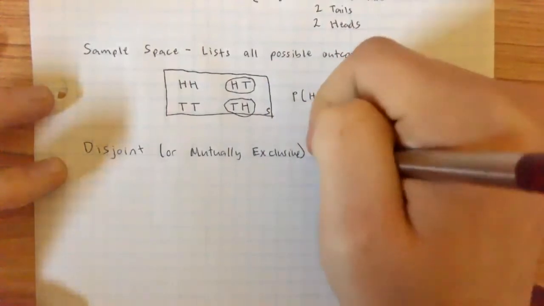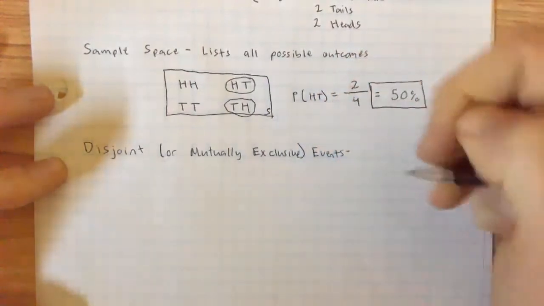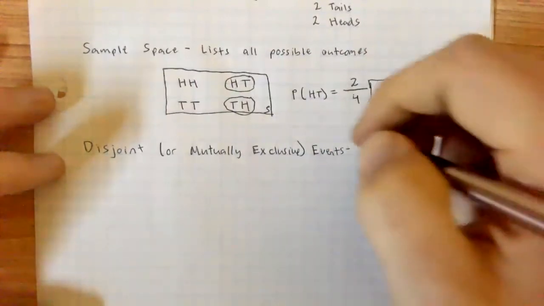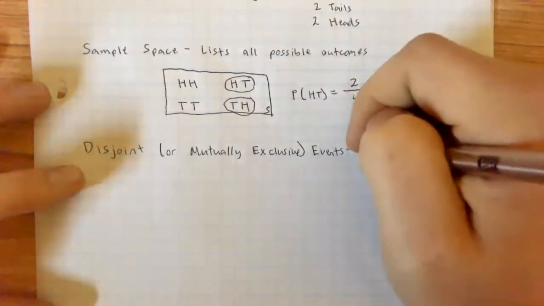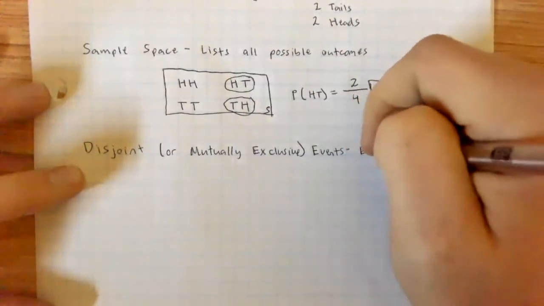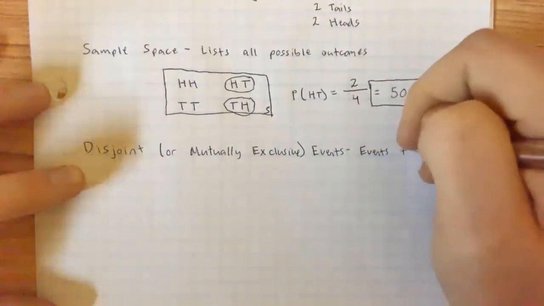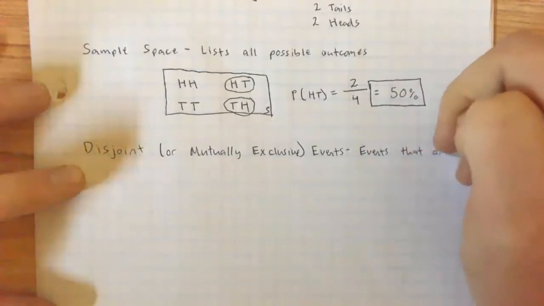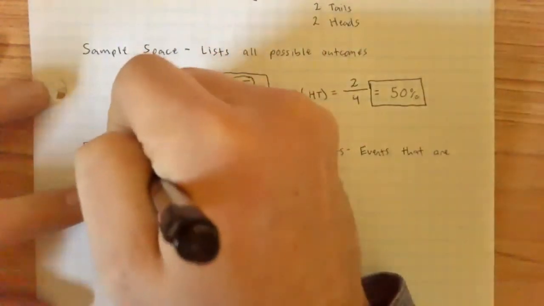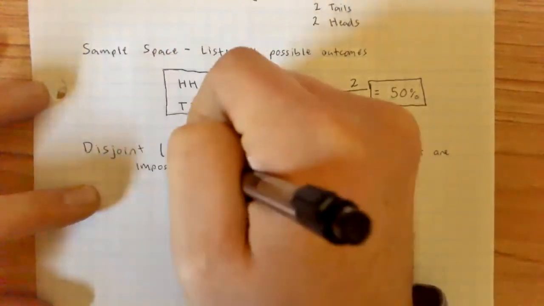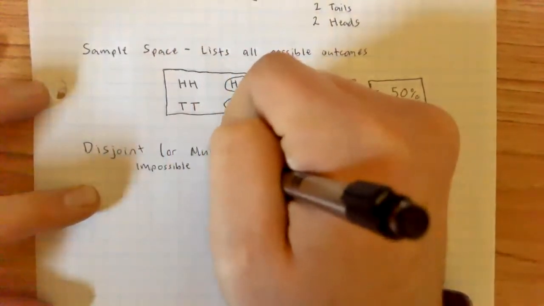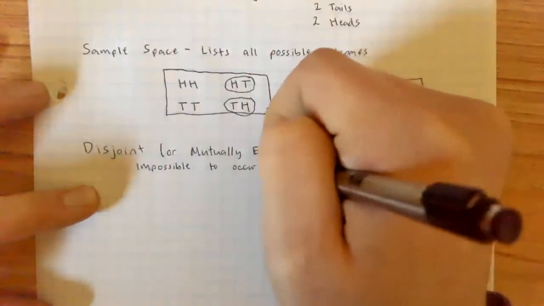Disjoint or mutually exclusive events refer to events that are impossible to occur together.